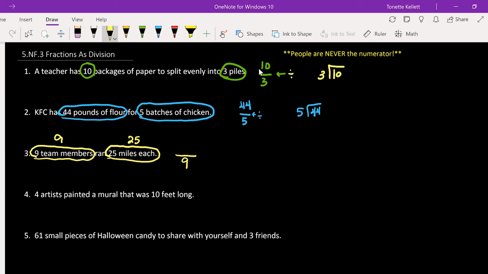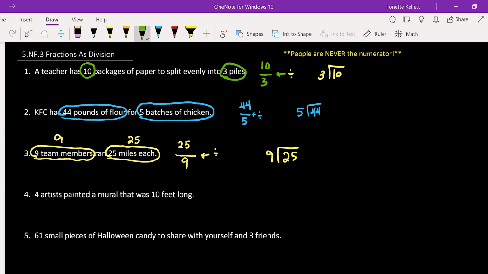So the 9 has to be the denominator. They ran 25 miles. What are we dividing up? We're dividing up the 25 miles that they ran. So another way to write that would be 25 divided by 9 to find out how many miles each of them ran apiece. So that bar right there is another way of writing divide. 25 divided by 9.